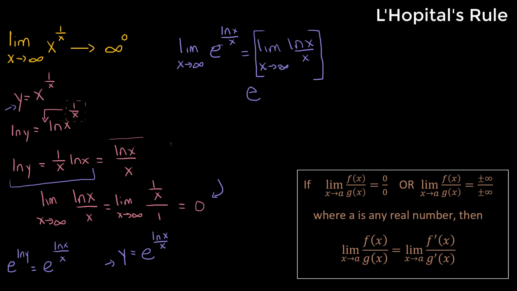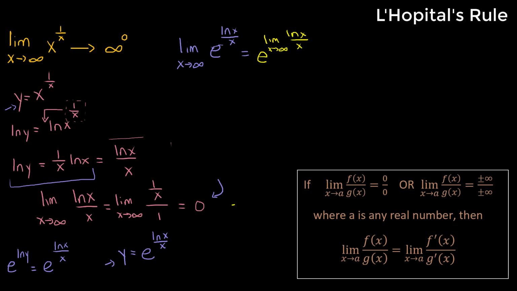That's what this is equivalent to. And so one more time, let me go ahead and erase this, so I can do it a more direct way and we're not totally confused. Again, the limit as x approaches infinity of e raised to the ln x over x power is equivalent to e raised to the power of the limit as x approaches infinity of ln x over x.